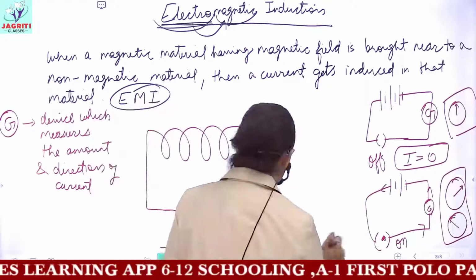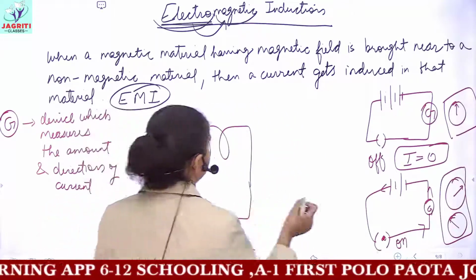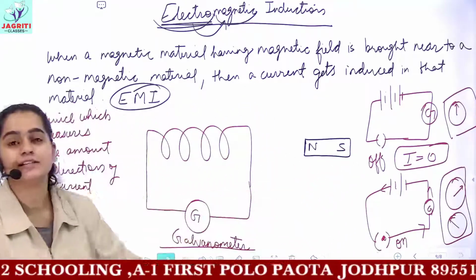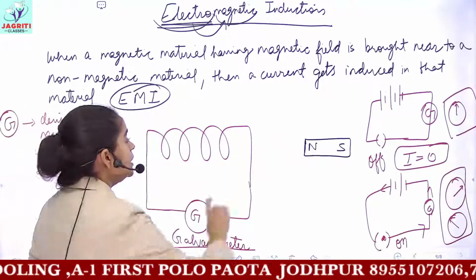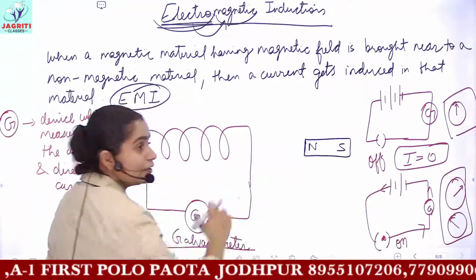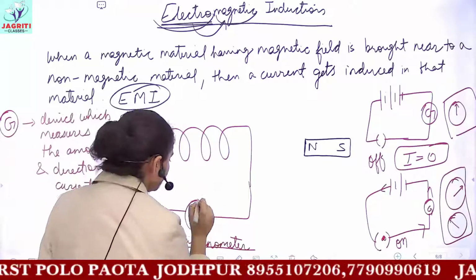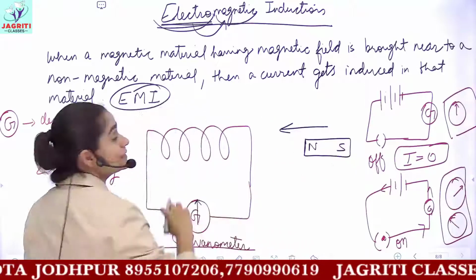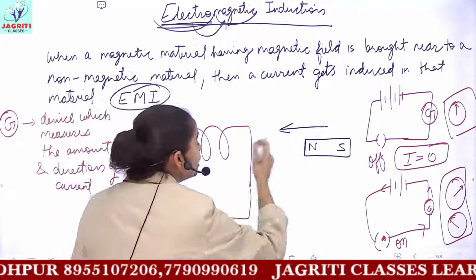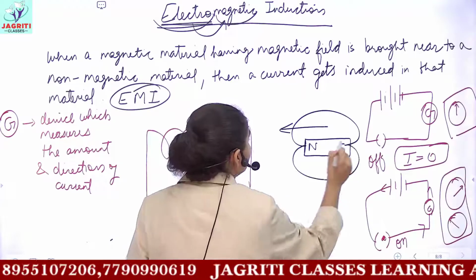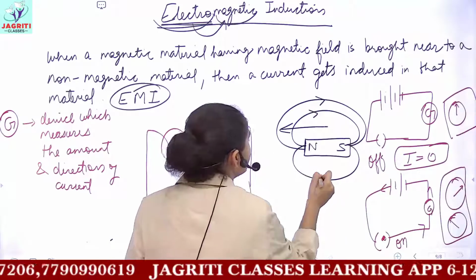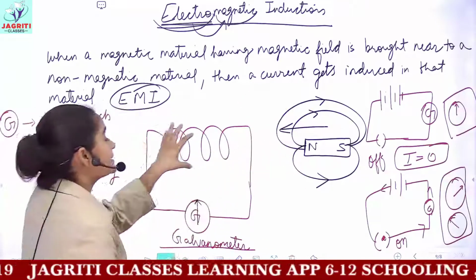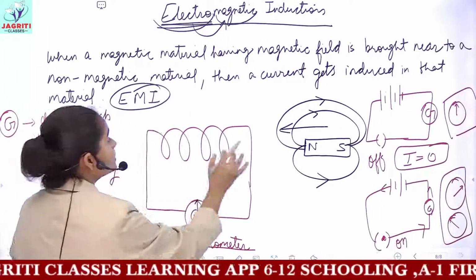So now we'll be discussing what is electromagnetic induction. So let's suppose here I brought a magnet. The magnet was having north and south pole. When this magnet is present far away from this circuit, then here the galvanometer shows a 0 reading. But when I move this magnet towards this conductor, what happens is, due to the motion of this magnet, you know there is a presence of magnetic field, and when this magnet is moved towards the coil, then the magnetic field inside the coil will change, because now there is no magnetic field.